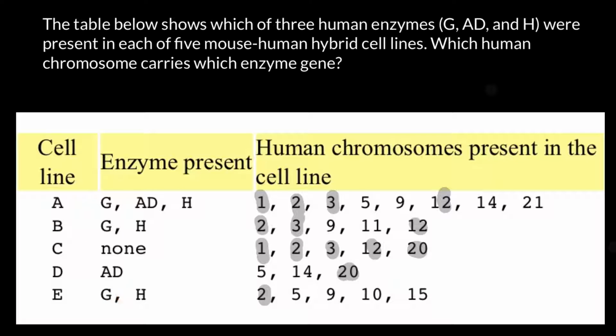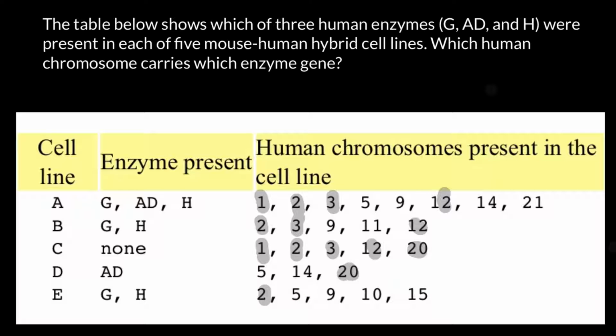Both of these cell lines produce enzymes G and H. So let's compare. For example, cell line E has chromosome number 5, and cell line B doesn't have this chromosome.